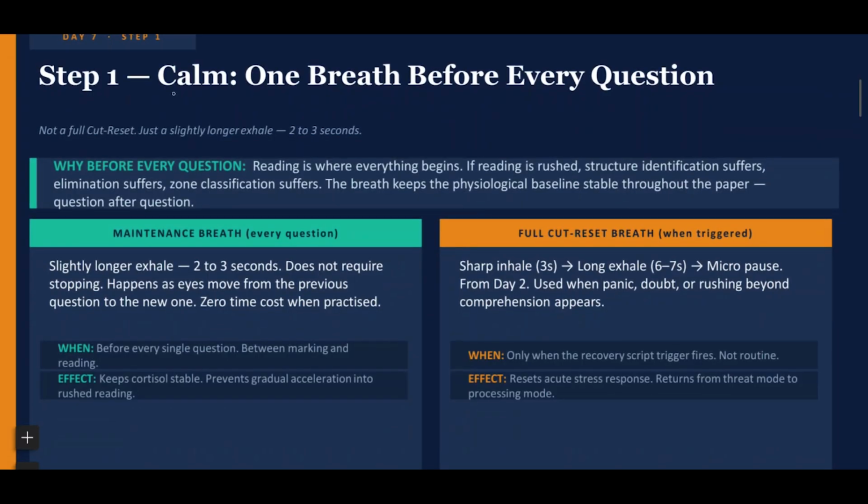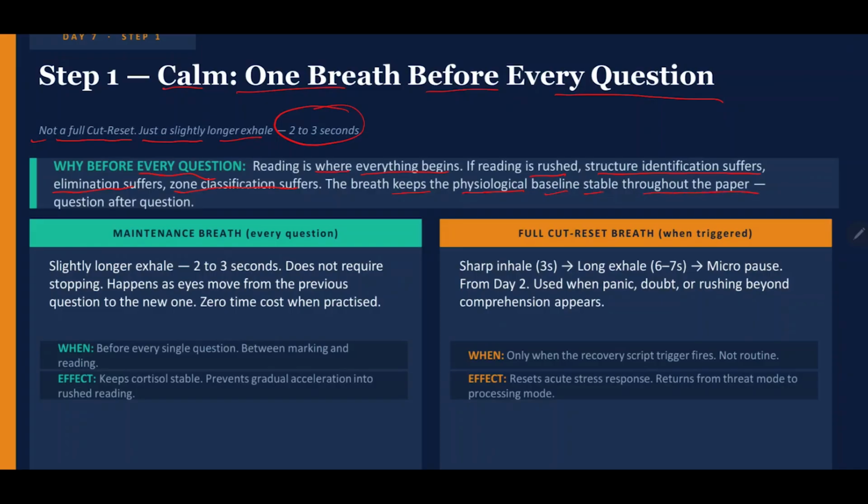Step 1, calm. One breath before every question. Not a full reset, just a slightly longer exhale of 2 to 3 seconds. Why before every question? Reading is where everything begins. If reading is rushed, structure identification suffers, so elimination also suffers and zone classification also suffers. The breath keeps the physiological baseline stable.